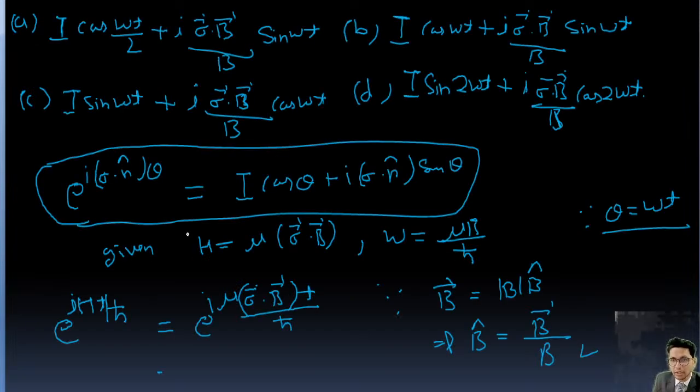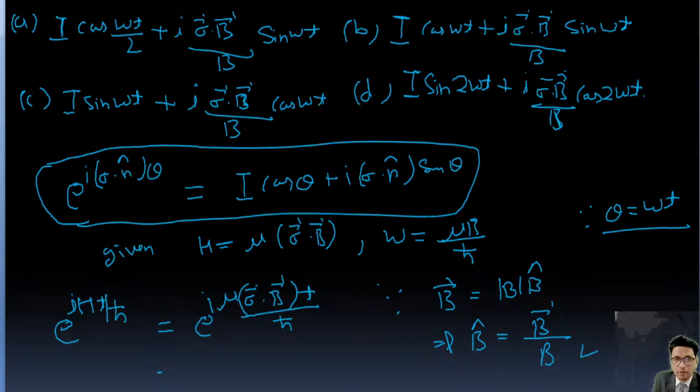Okay, so it is going to be e to the power iota. So here, in place of b vector, we can write mod b into b cap, right? We can write it.